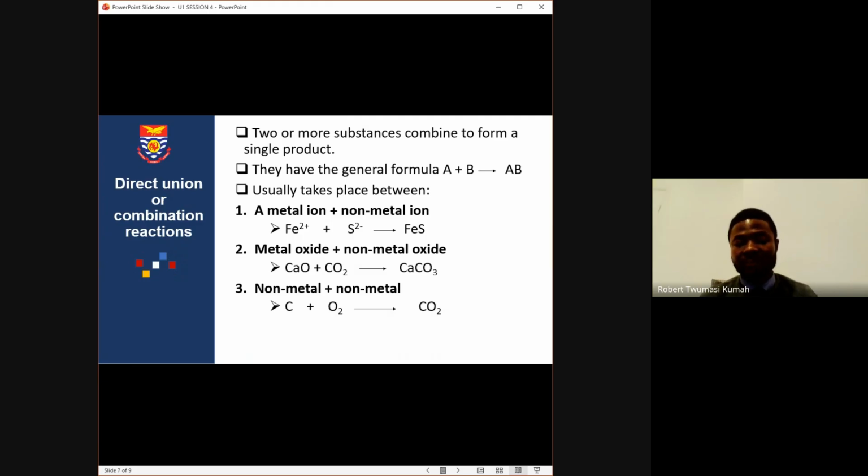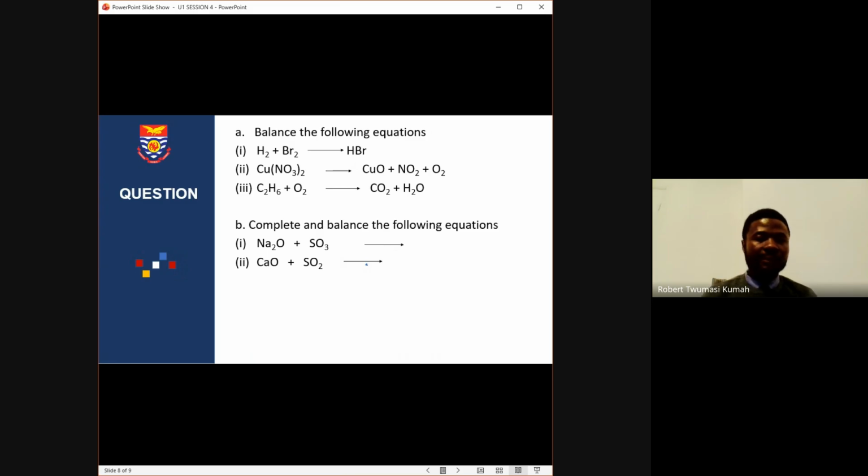Combination reaction also occurs between a non-metal and a non-metal, like carbon and oxygen, giving us carbon dioxide. And that ends our session.